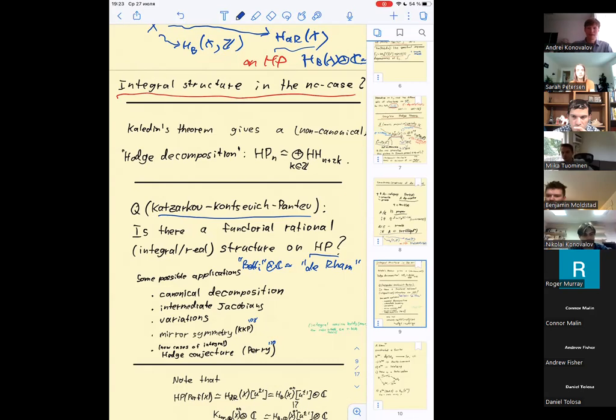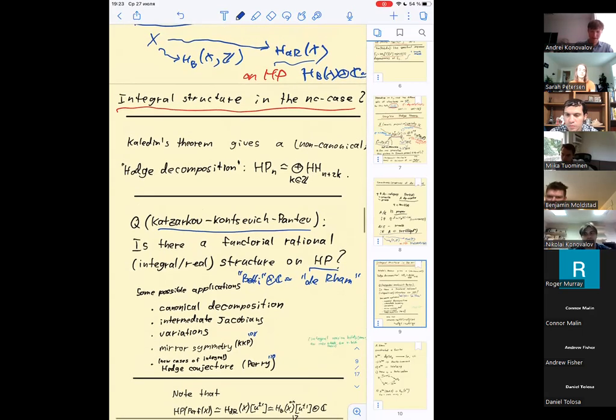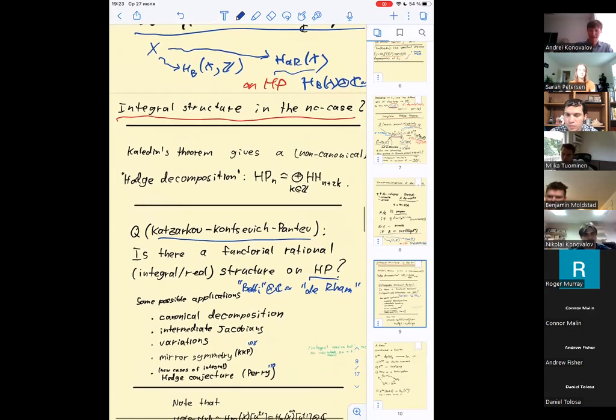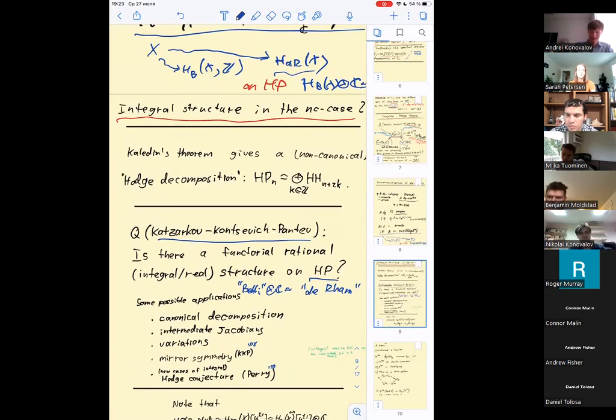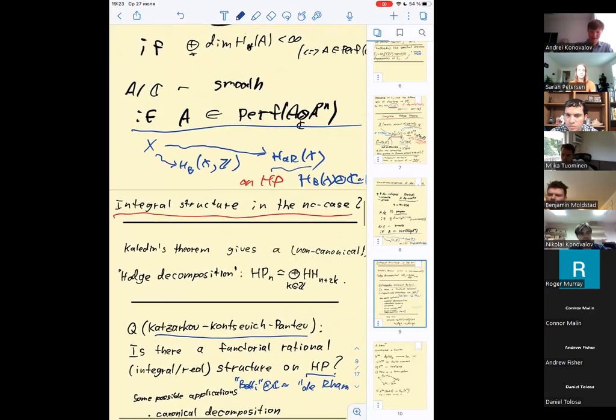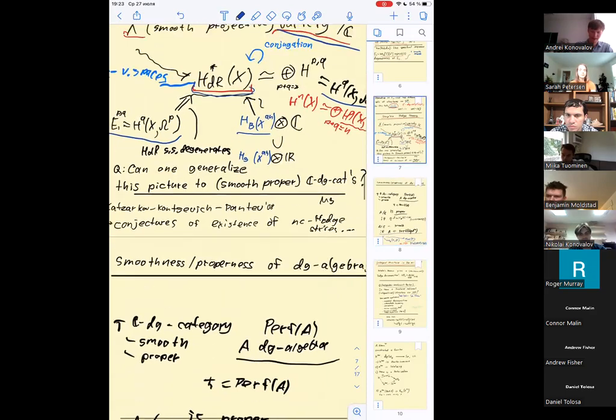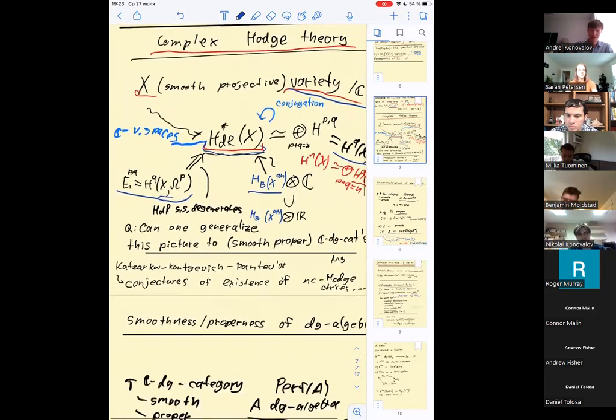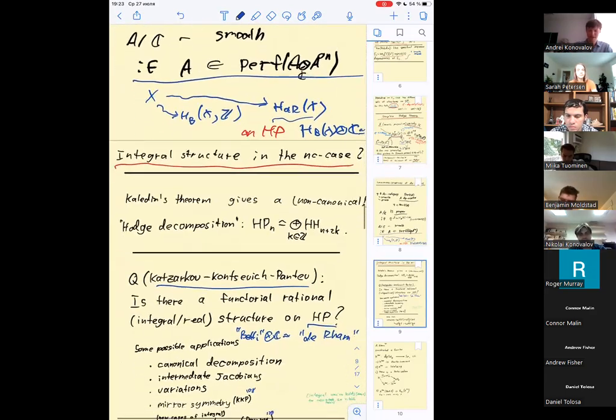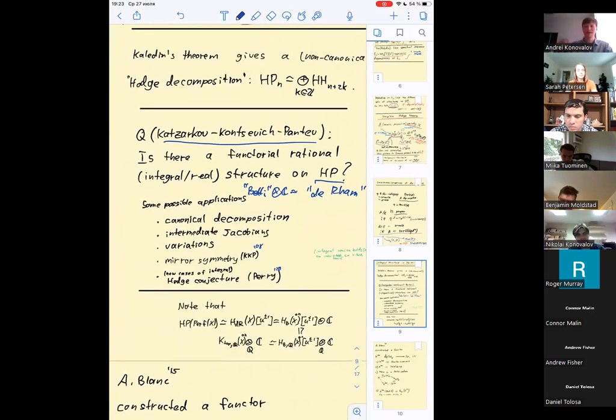And some possible applications of proving existence of such a structure would be, for example, the first application: as I already said, there is this degeneration of spectral sequence proved by Kaledin, analogous to this, but degeneration of a spectral sequence alone doesn't give you a canonical decomposition.